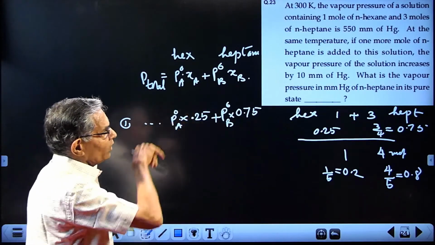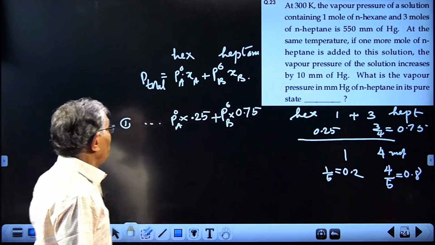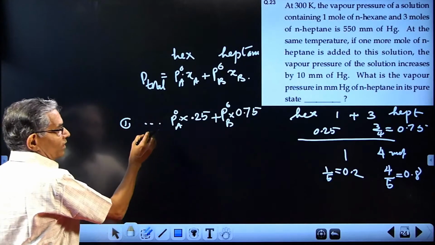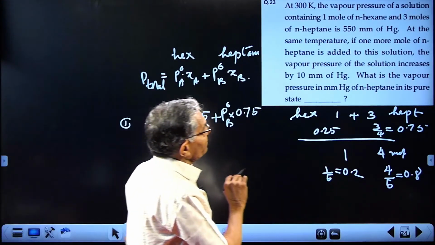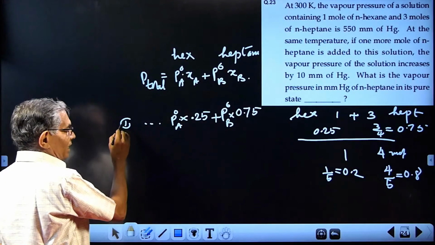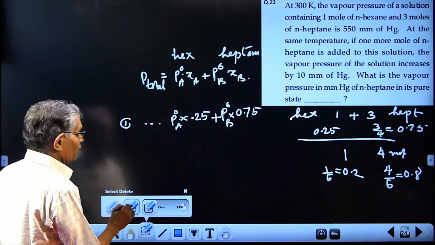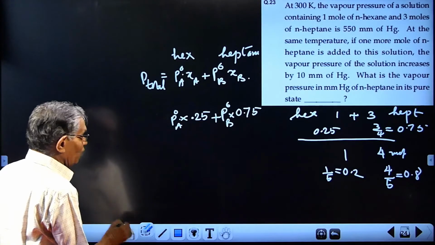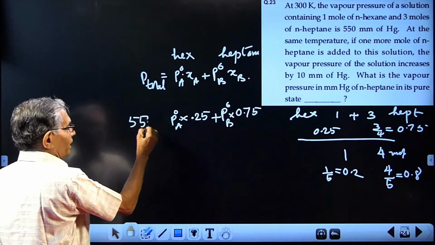And for that, the total vapor pressure increases by 10 mm. In the first case, the total vapor pressure is given as 550. In equation 1, the total value given is 550.